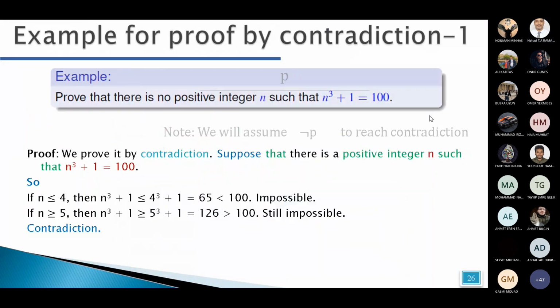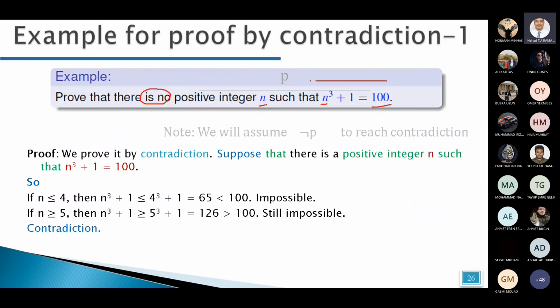So in this example, it proves that there is no positive integer n such that n to the power 3 plus 1 equals 100.